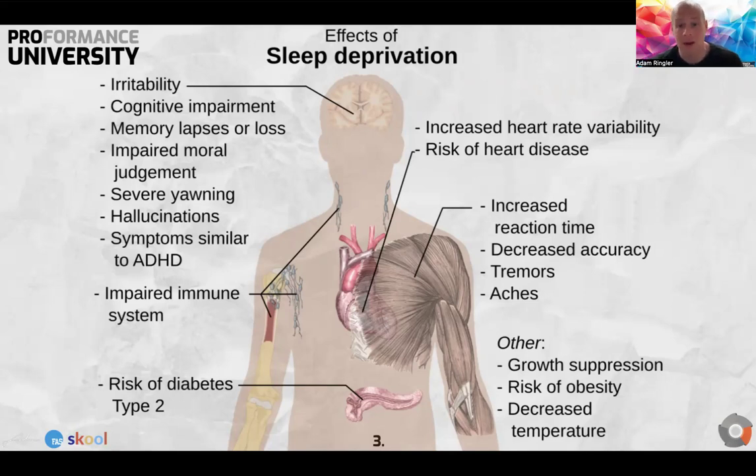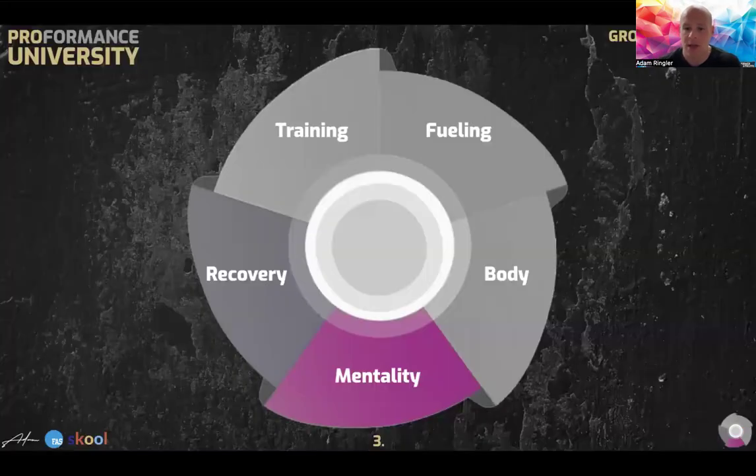But again, on the right side, heart rate variability tends to increase, reaction times, like if you were to think, increase rather than decrease accuracy. There's so many negative effects that actually happen just by simply not getting enough sleep.